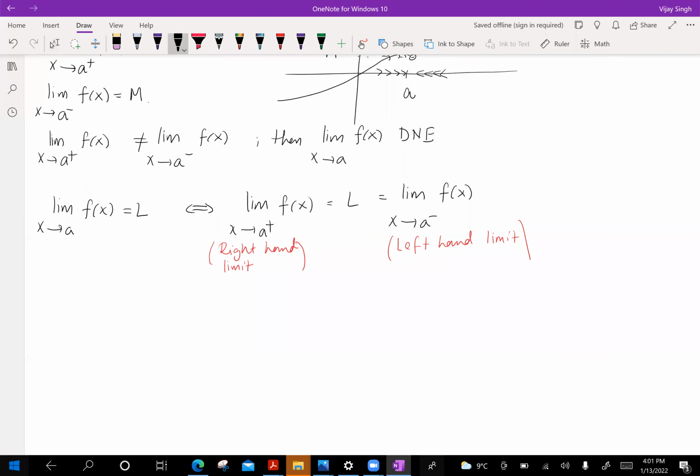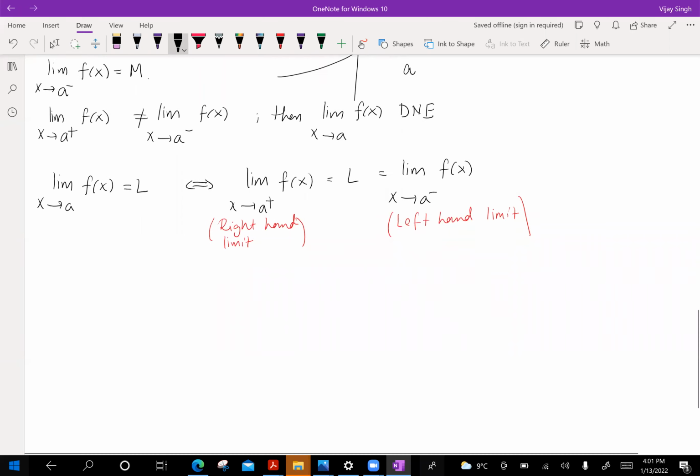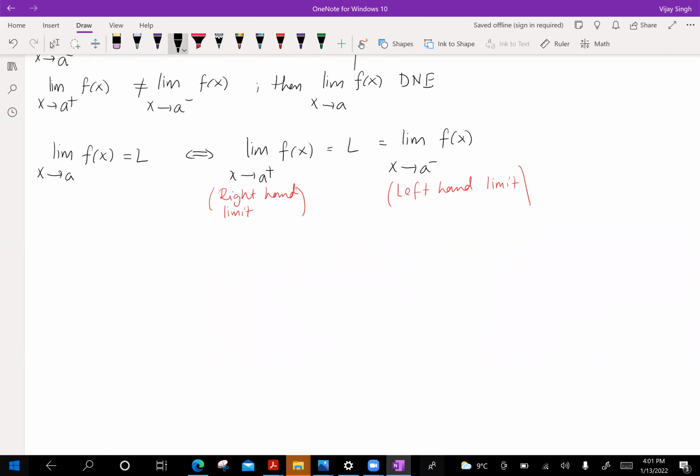So now let's look at another problem. Let's have f of x. So, example, let's see the following problem.